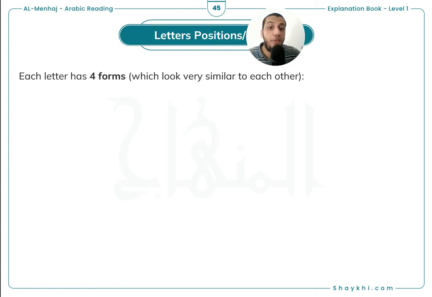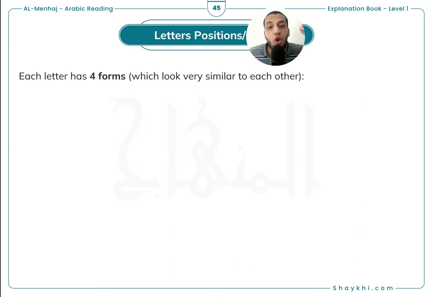The letters we discussed before are called the isolated form of the letters, which means the shape of the letter when it doesn't follow or come before any letter. This is what's called the isolated form.